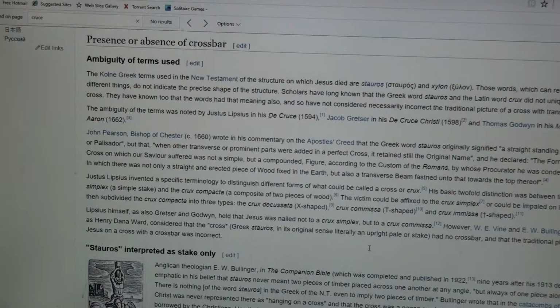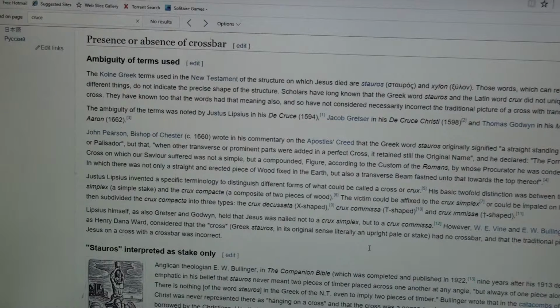And he declared the form of the cross on which our Saviour suffered was not a simple but a compounded figure, according to the custom of the Romans, by whose procurator, Pontius Pilate, he was condemned to die, in which there was not only a single straight erected piece of wood fixed in the earth, but also a transverse beam fastened unto that toward the top thereof.